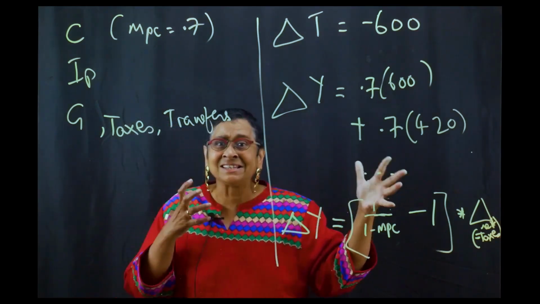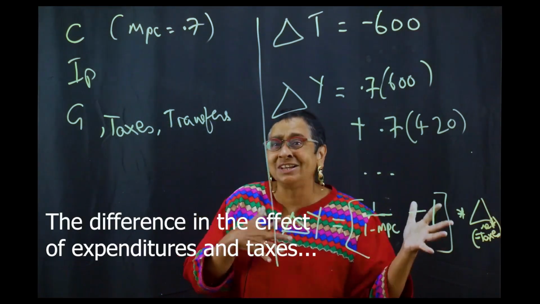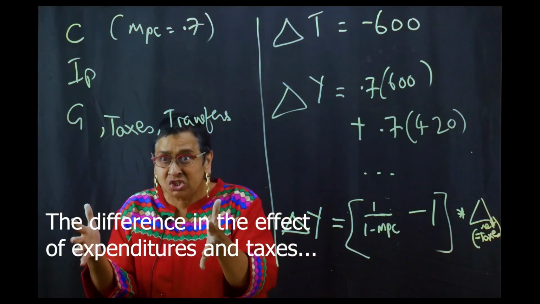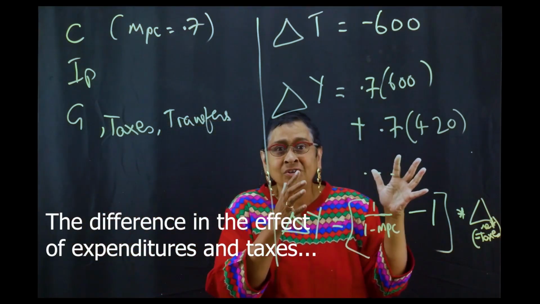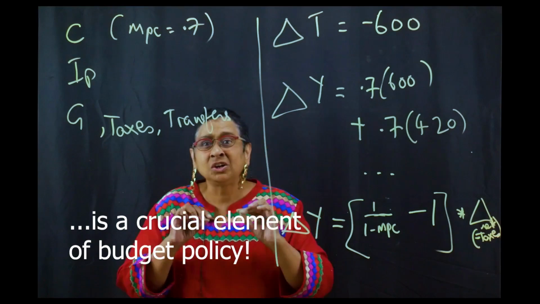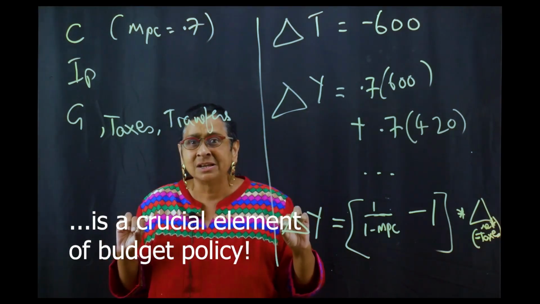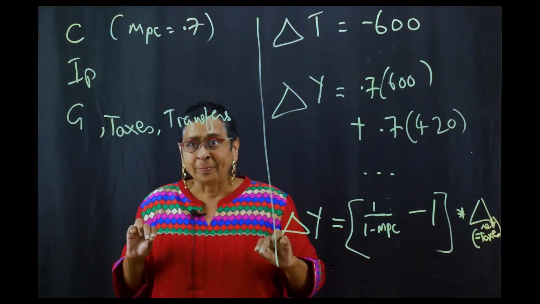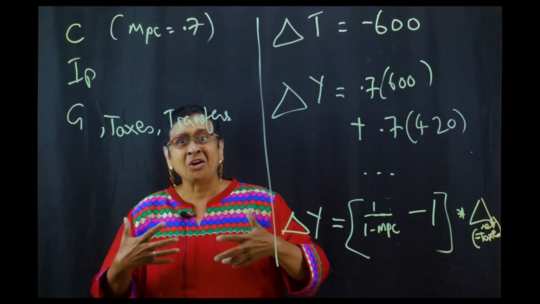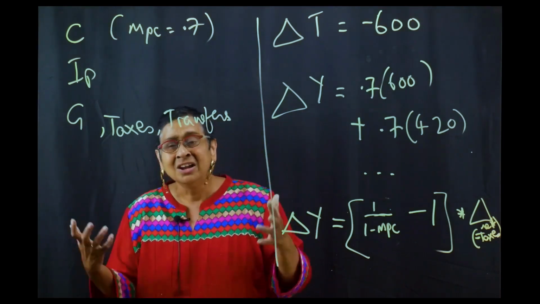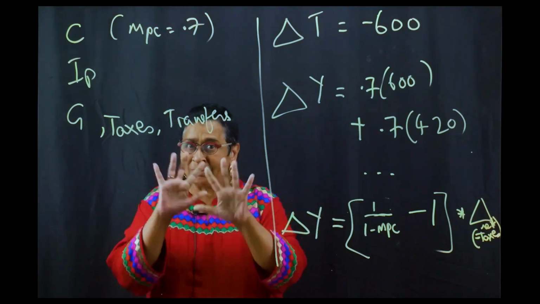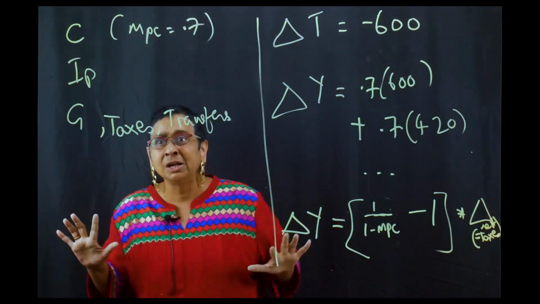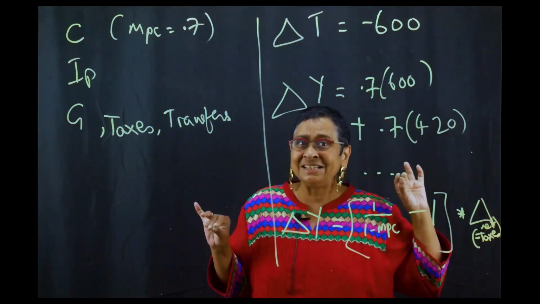So that difference or asymmetry in the effect of expenditures and the effect of taxes is a very crucial element of budget policy. It goes counterintuitive to a lot of people's preferences or ideologies, which is fine. People have lots of reasons to vote or think about budget policies that exceed economics.